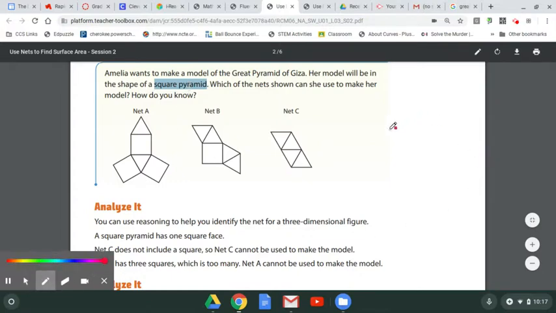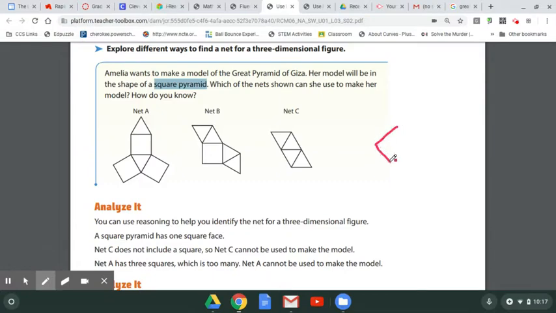If you wanted to, you could even sketch the shape. So that's what it would look like. And as you can see, it has 4 triangular faces up to a point and a square base.